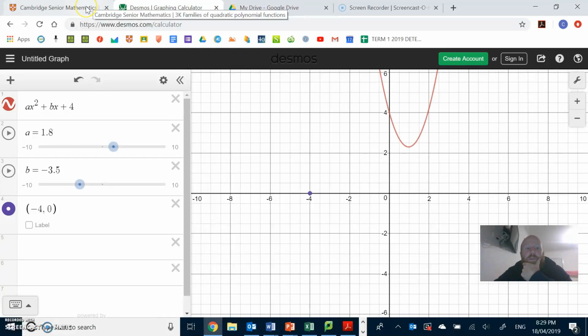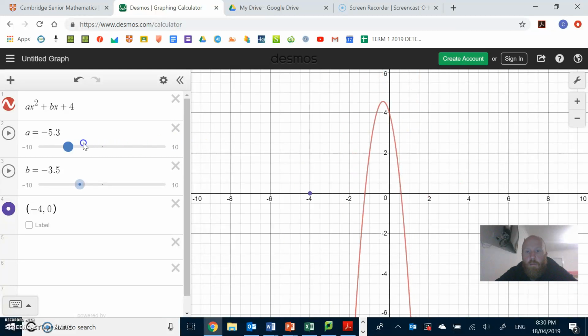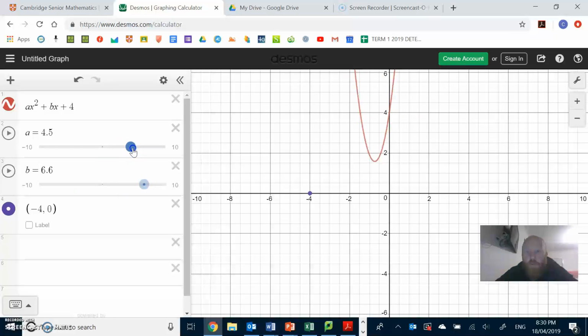If we have a look at the question, what it says is, okay, for this family, if perhaps it happens to have a turning point here, then what's the value of that graph? And using my sliders, well, that's on the wrong side, so put it up that way, move it over that way.